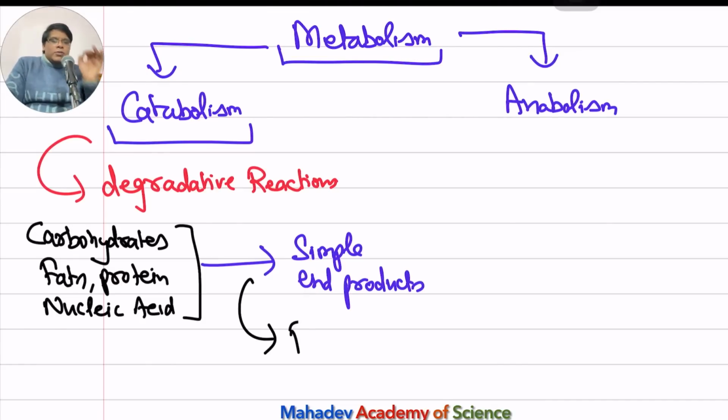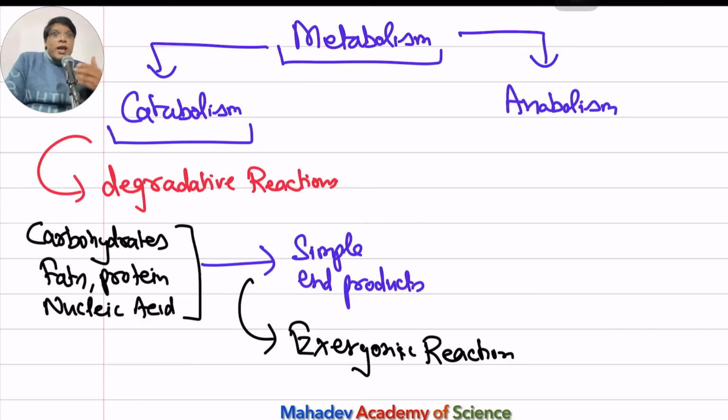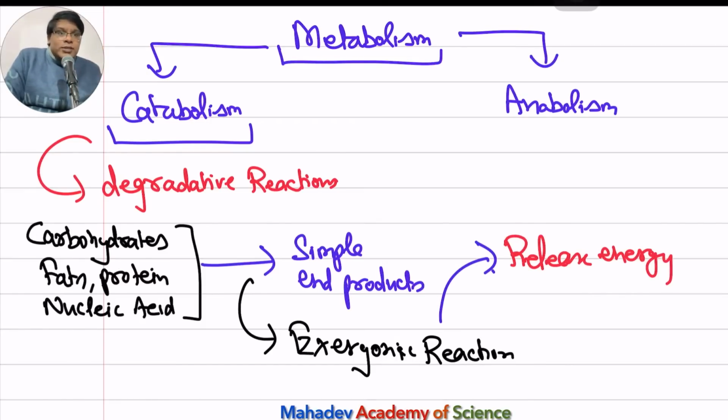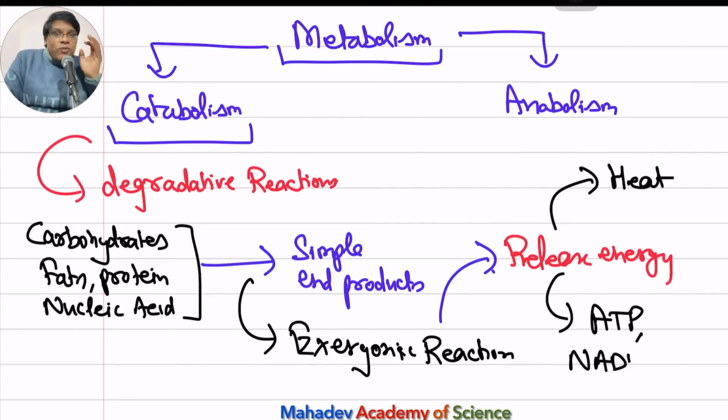Now keep in mind, the catabolic reactions are exergonic reactions. In the case of exergonic reactions, you see the release of energy. Yes, some of the energy will be lost in the form of heat, but some of the energy will be conserved in the form of ATP.